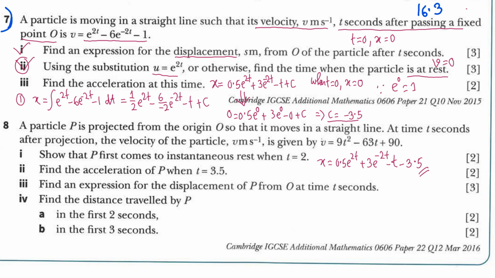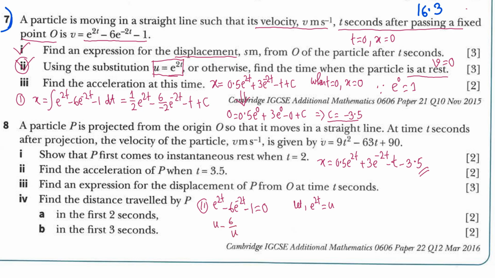So we have the velocity expression: e to the power 2t minus 6 e to the power minus 2t minus 1, and we need to set it to 0. Now let us use the suggested substitution. Let us replace e to the power 2t with u, then we can write u minus 6 by u.